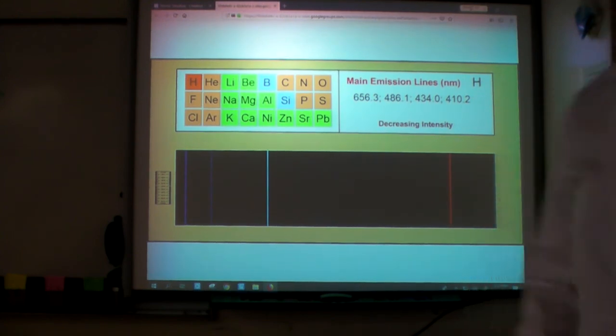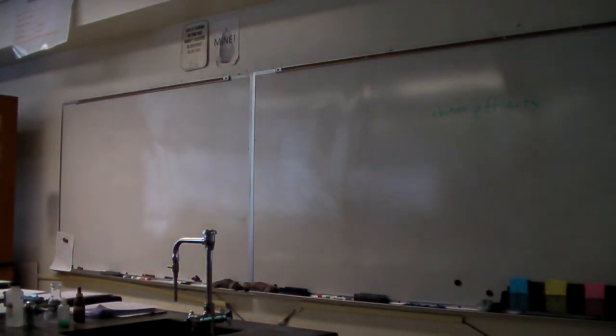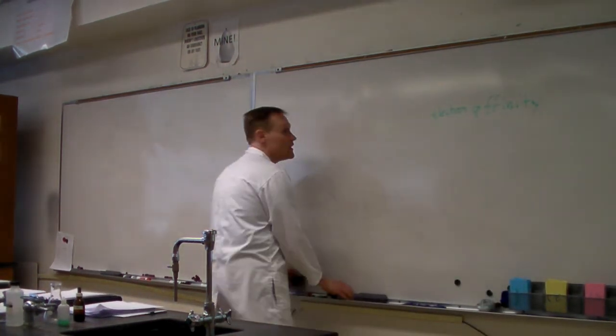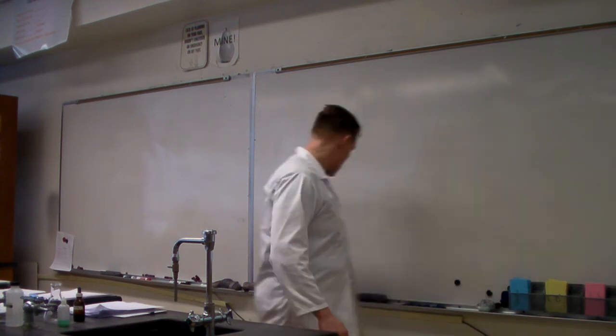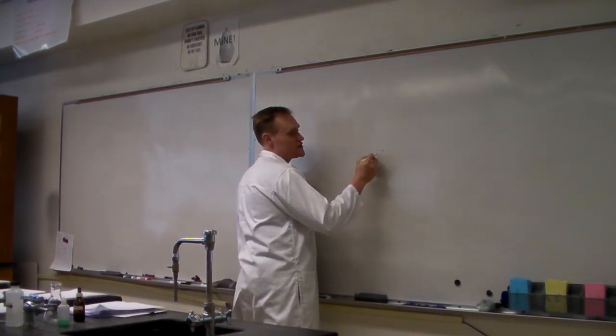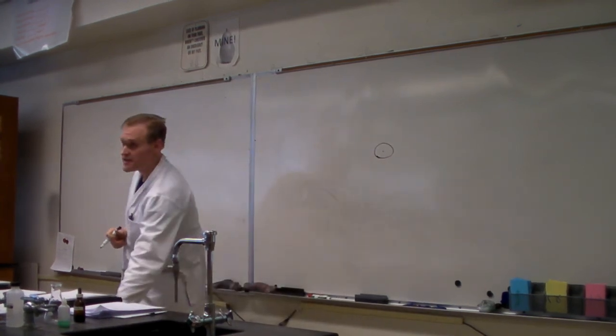And let me slide this over this way. So let's say that I have a nucleus. Sorry for drawing it so large. And here's hydrogen. How many electrons does hydrogen have?